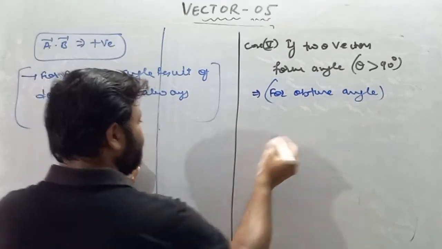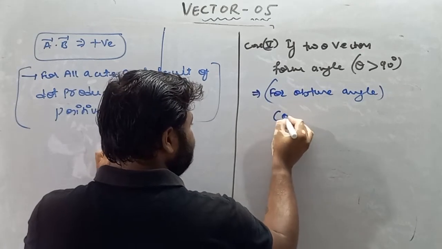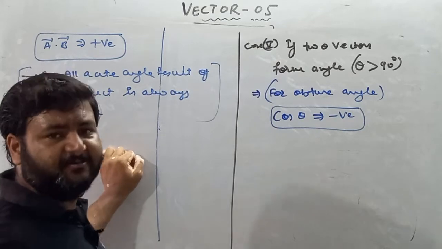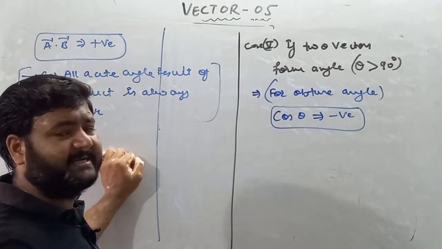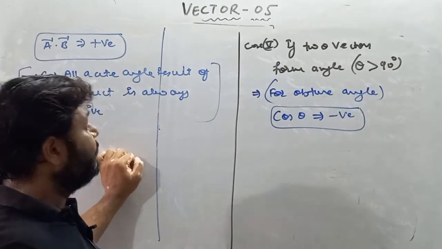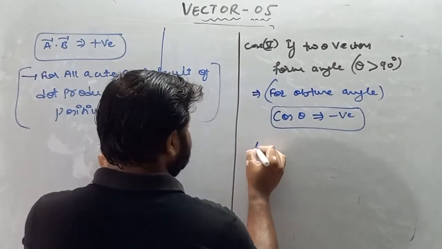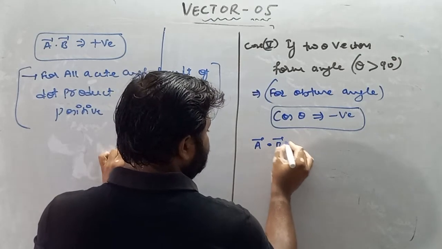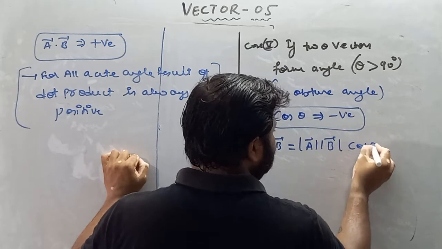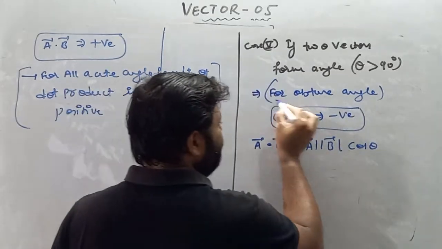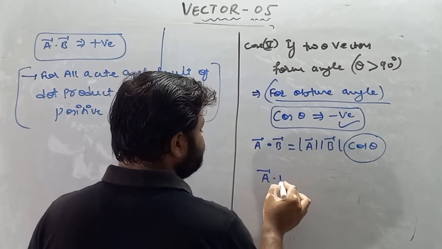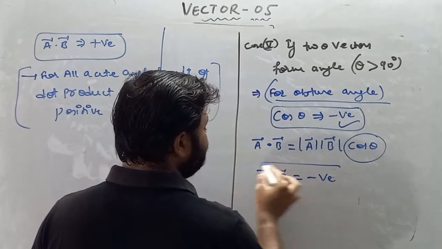We know that for obtuse angle cos theta is negative because it lies in second quadrant, and in second quadrant only sine and cosec are positive. So A vector dot B vector is equal to magnitude of A vector, magnitude of B vector, and cos theta. For obtuse angle cos theta becomes negative, so it implies A dot B is also negative.